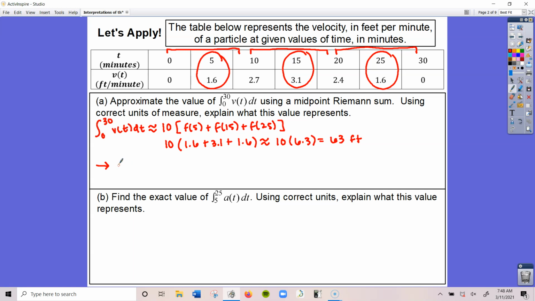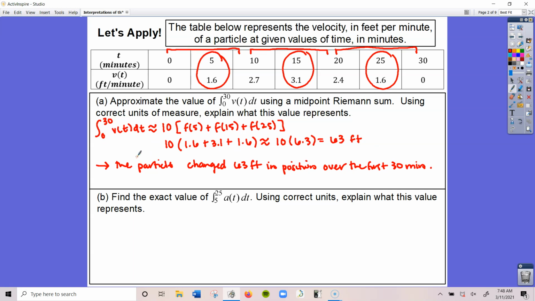So what we could write here would be that the particle changed 63 feet in position over the first 30 minutes, since we integrated from 0 to 30.